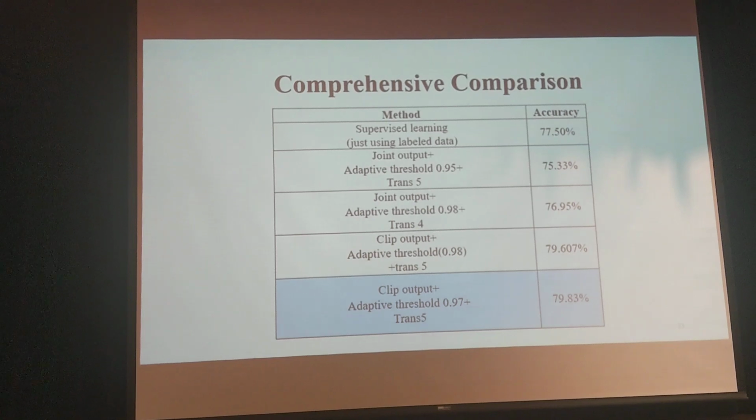On the top is the baseline we want to go through, and it has 77.50 accuracy. And the bottom is our best model, using clip output, adaptive threshold 0.97, and transform type 5.